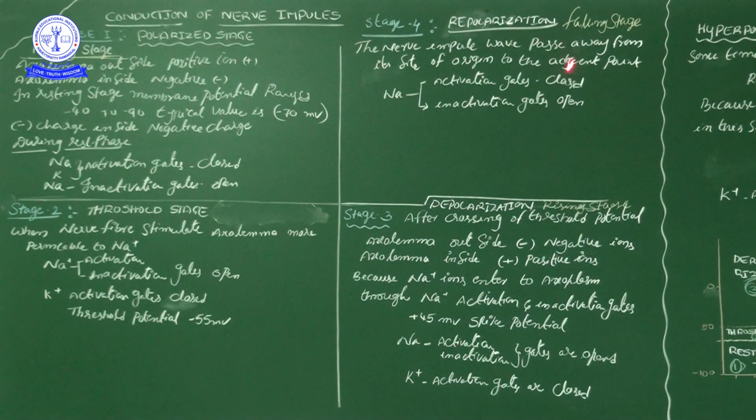So at repolarization time, what will happen? The nerve impulse wave passes away from that side, whether it is one side of the axon or wherever it is giving the information to the next neuron. So the pre-existing neuron wants to come back to the normal condition.